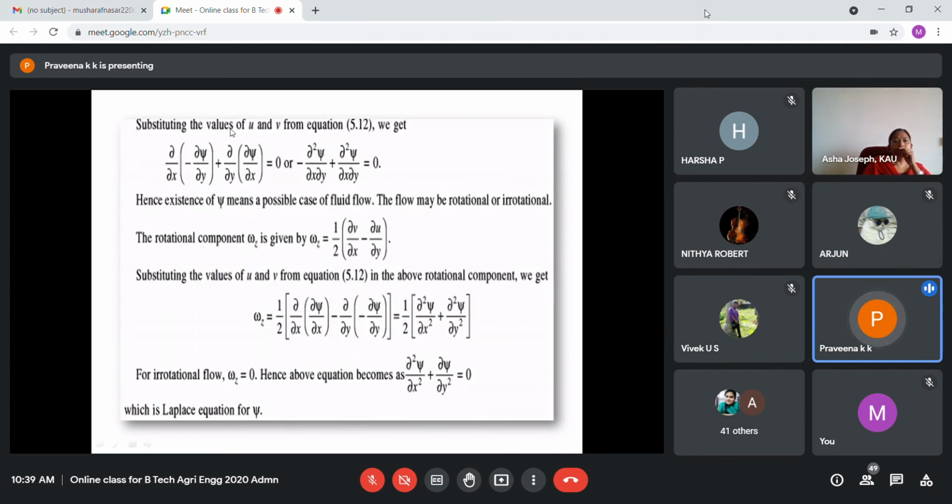Substituting the values of u and v from equation 5.12, we will get dou by dou x of dou psi by dou y plus dou by dou y of negative dou psi by dou x equal to 0. We are substituting the expressions of u and v in the continuity equation, and we get minus dou square psi by dou x dou y plus dou square psi by dou x dou y equal to 0.